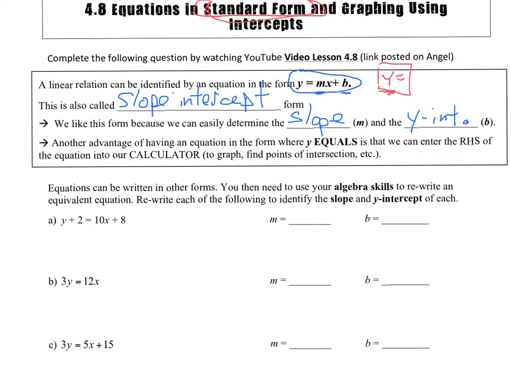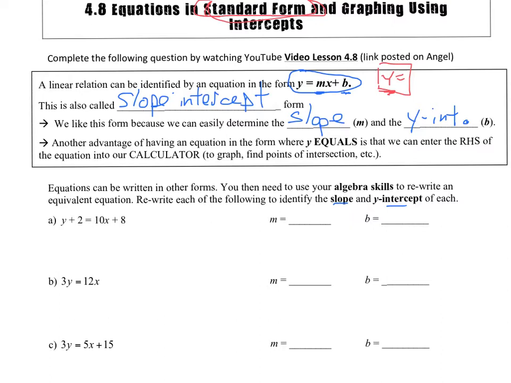We're always going to be brushing up on our algebra skills. In part A, equations can be given in other forms, so we want to rewrite them into slope intercept form so that we can graph it and understand the line better. Because if you know the slope and the y-intercept, you almost visualize the line in your head.